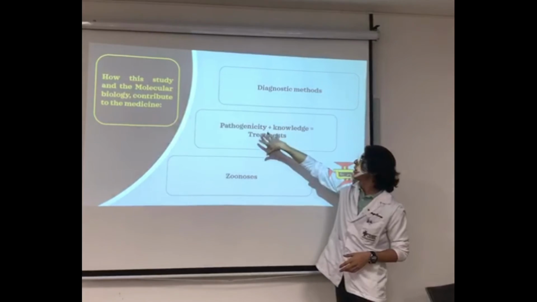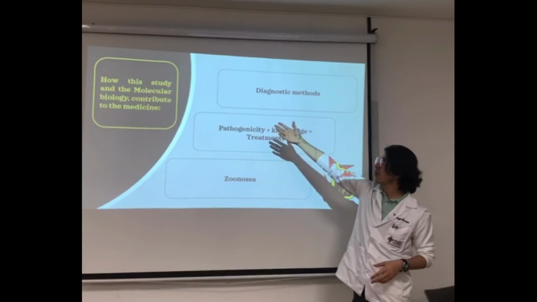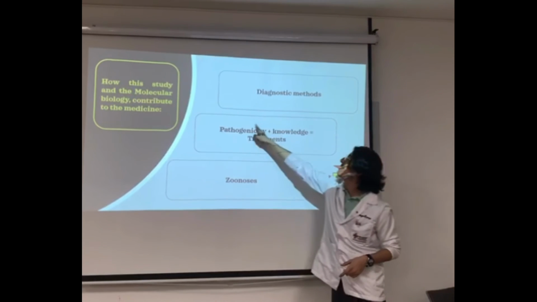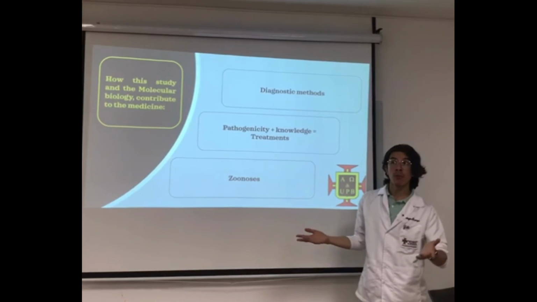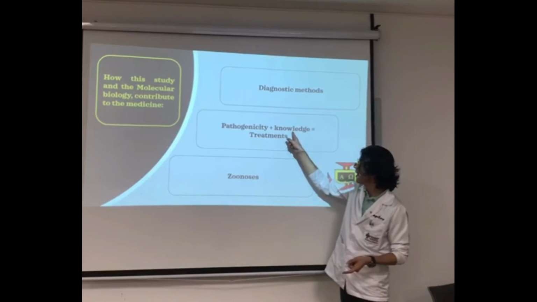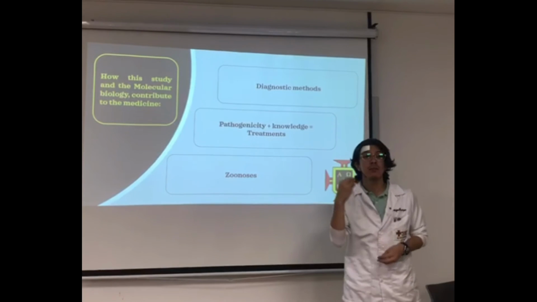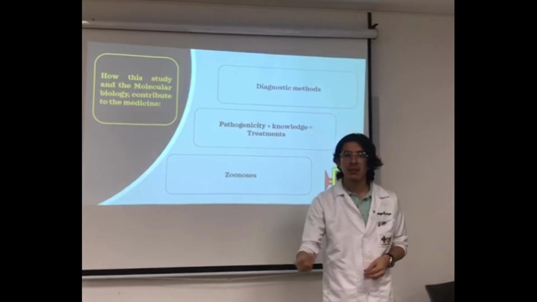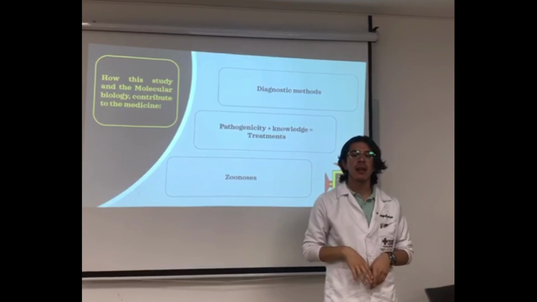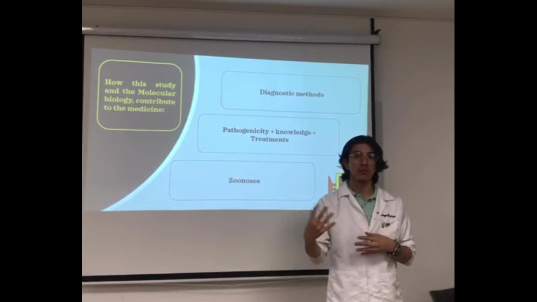For example, we got the pathogenicity, and with molecular biology methods, we can analyze the pathogenicity of one microorganism. Knowing that, we could create a specific treatment because we know the specific enzyme or the specific component of that microorganism that is affecting the biological walls or the immune system.